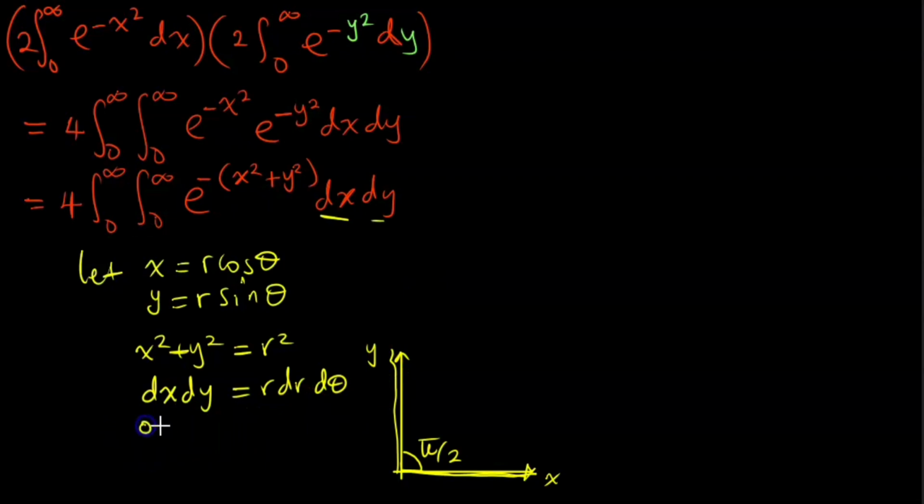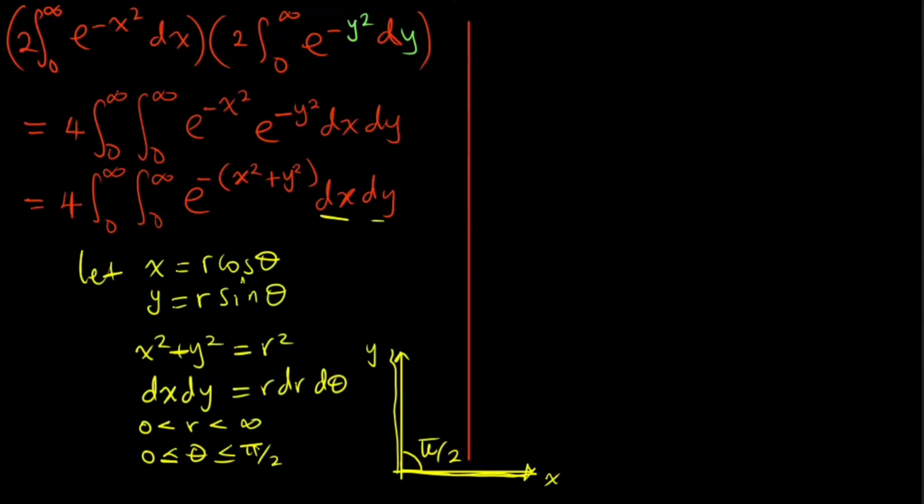Let's make the radius positive, so that we have a seeable annular domain, from 0 to infinity, while the angle theta is from 0 to pi over 2. So with that, this is what we're going to continue with.